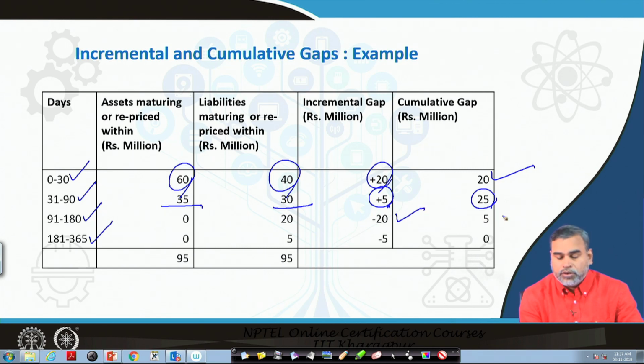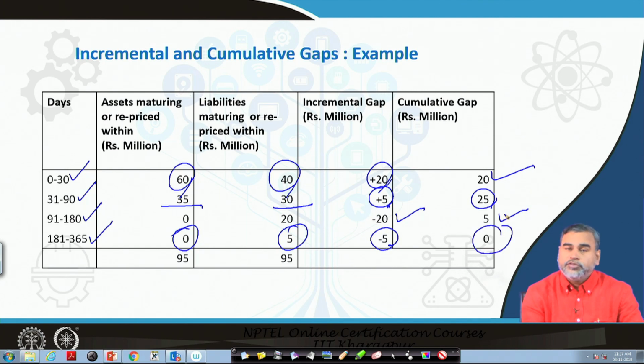Then your cumulative gap will be 5. Further, for 181 to 365, the asset is 0 and the liability is 5, so your incremental gap will be minus 5. Finally, your cumulative gap becomes 0.